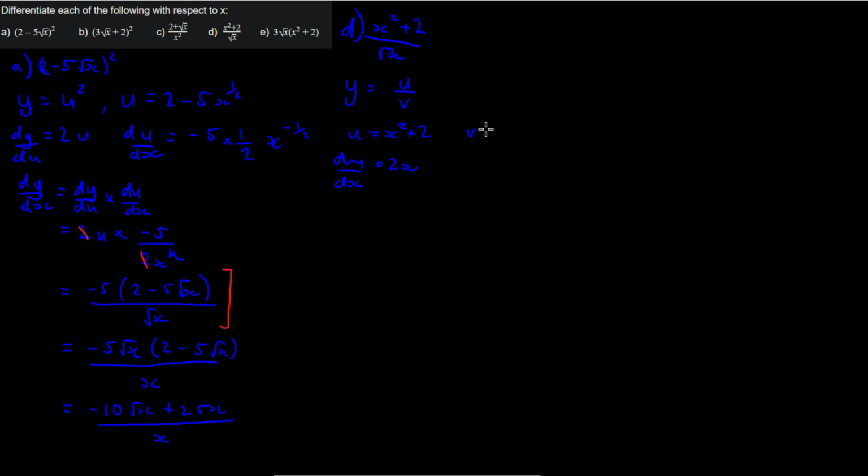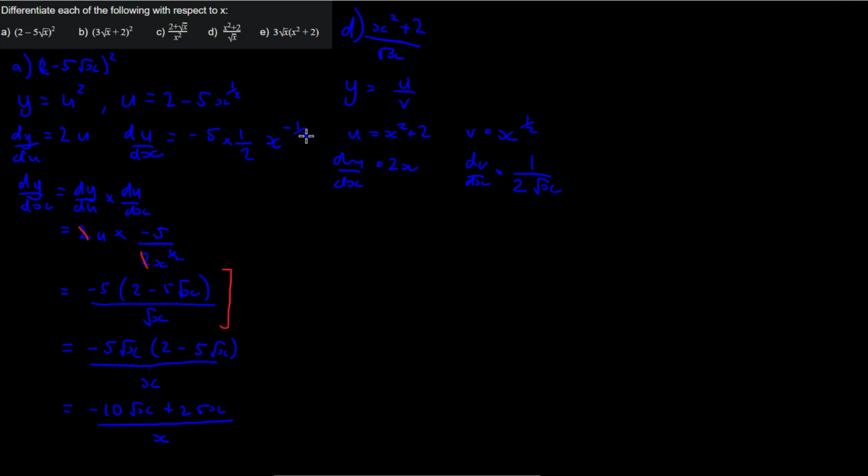What is v? v is the square root of x, but we know that that is the same as x to the power of a half. dv dx is going to be 1 over 2 root x. We can just have a look over here. We remember that we had x to the power of a half. When we derive that, it becomes 1 half x to the negative a half.